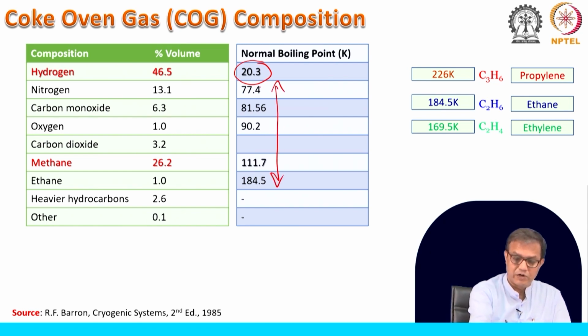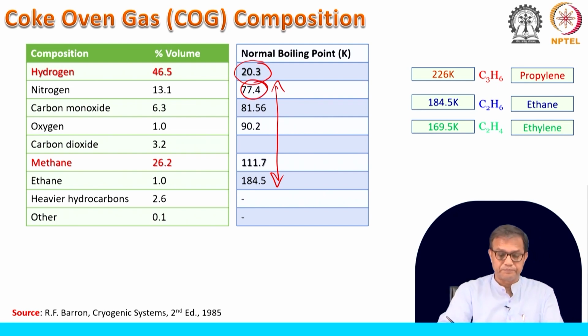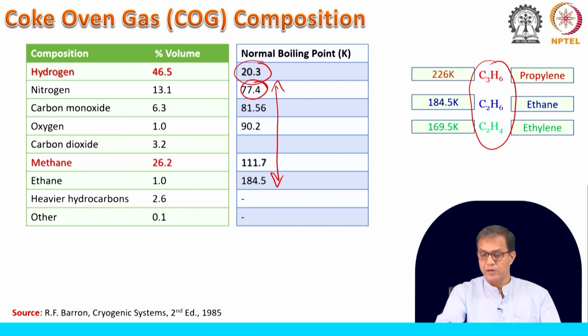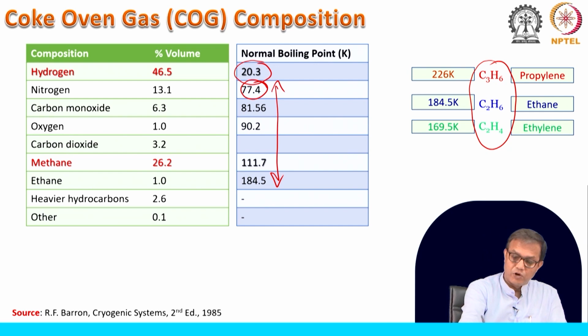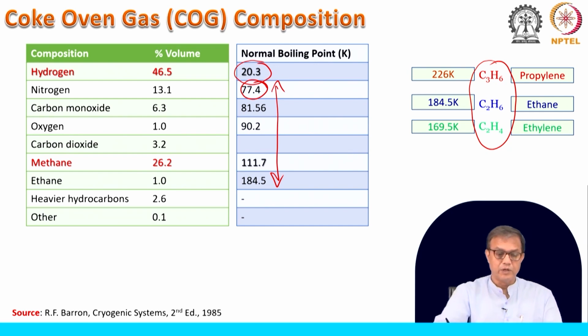The nearest possible one is nitrogen, and all of the others are quite a bit higher, and most of the higher hydrocarbons like ethane, propylene and ethylene, if they are present in small quantity, can also be separated out, because their boiling points are quite different from the boiling point of hydrogen. So, this can be utilized again in this process.